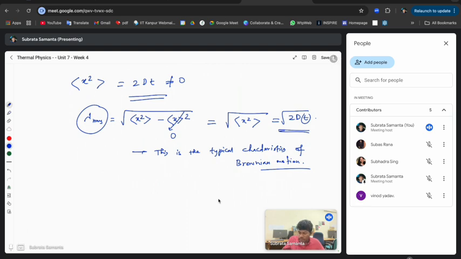Right. So now the question is that the irregular movement of the suspended particles in a liquid is connected with the thermal motions of the molecules of the liquid.